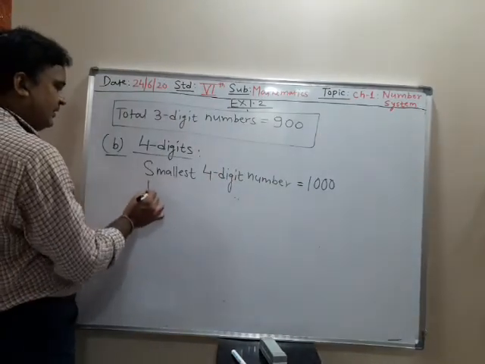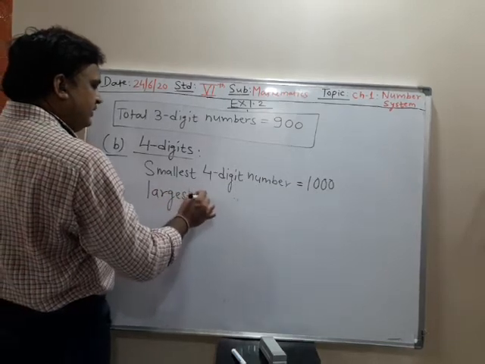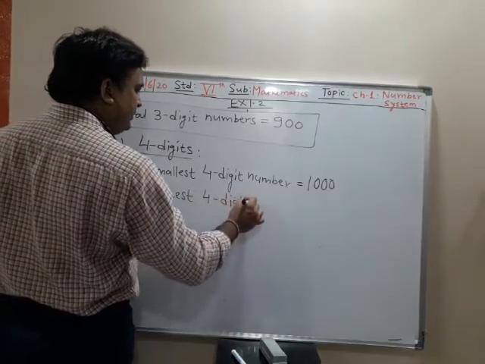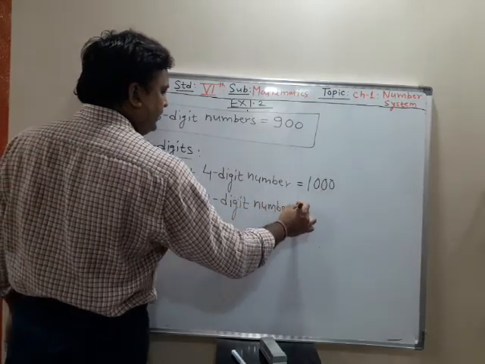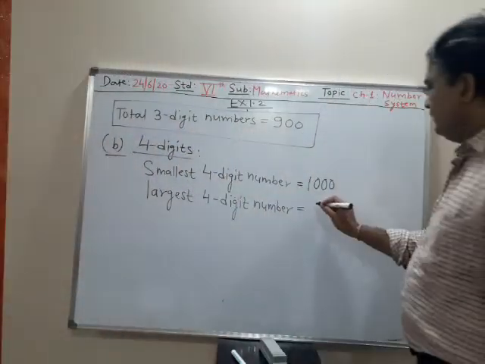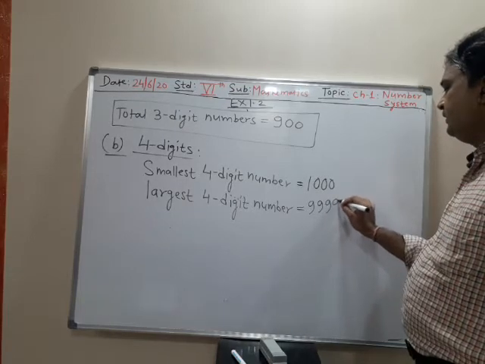Then the largest 4-digit number. The largest or greatest 4-digit number is 9999.